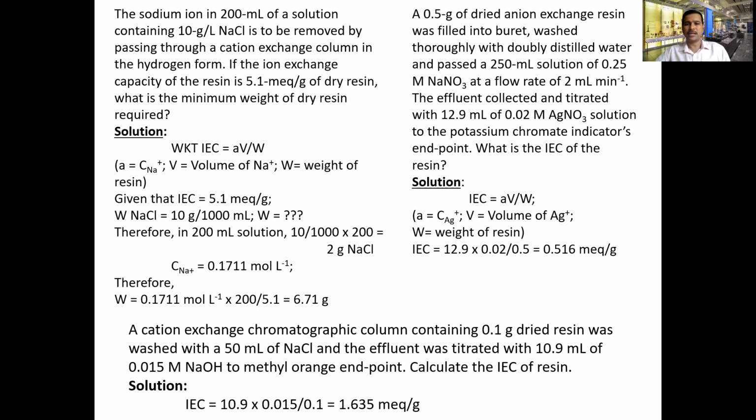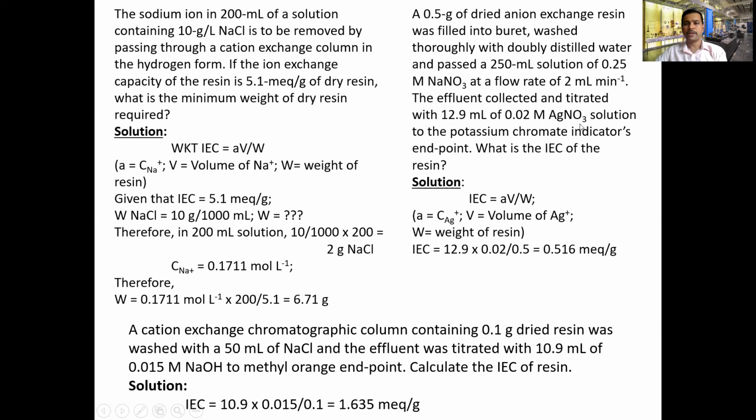Because this is anion exchange resin, anions such as NO3- will be replaced in place of chloride ion, because the anion exchange resin will be in the chloride form. All the chlorides are eluted, so the effluent contains chloride ions. The chloride ions present in the effluent can be titrated with AgNO3 by Mohr's method using potassium chromate indicator. This is going to be a precipitation titration.